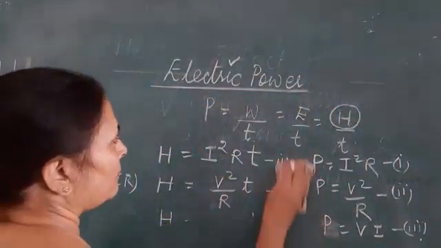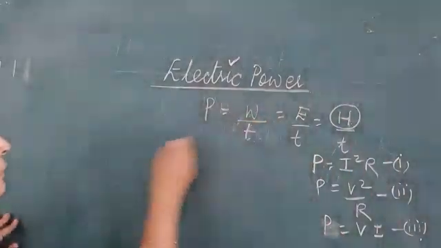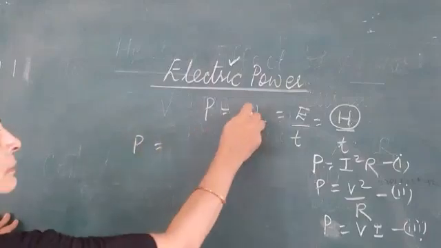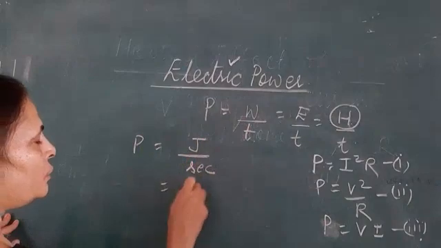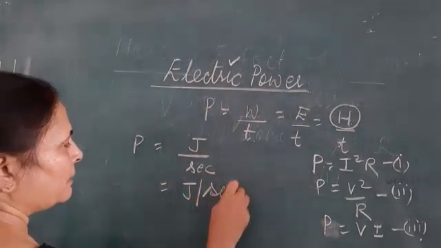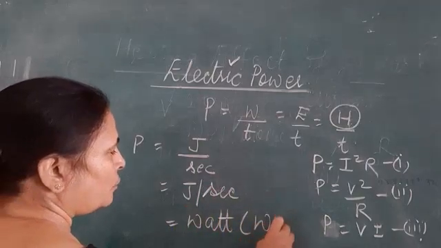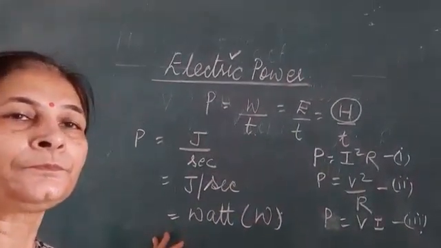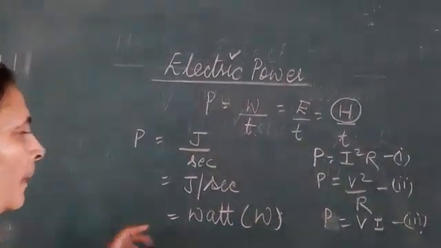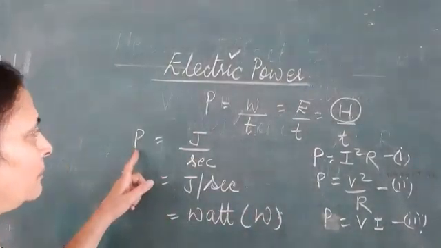Now we'll go in for the unit of power. What shall be the unit? From here only you can find out. Unit of work is joules, time is seconds, so it is joules per second, which is also known as watt and denoted by W. And how can you define watt?